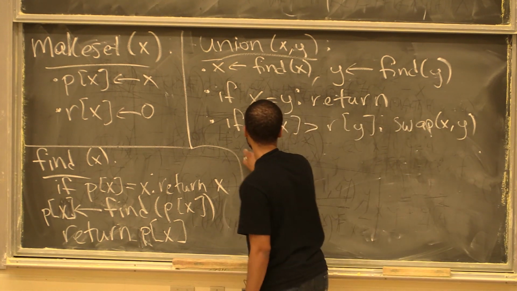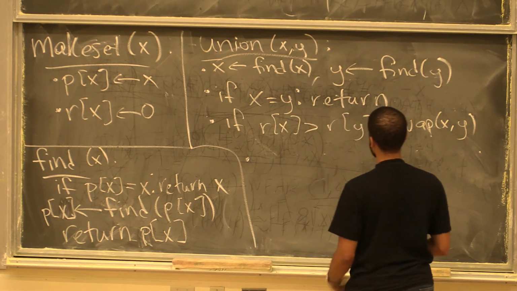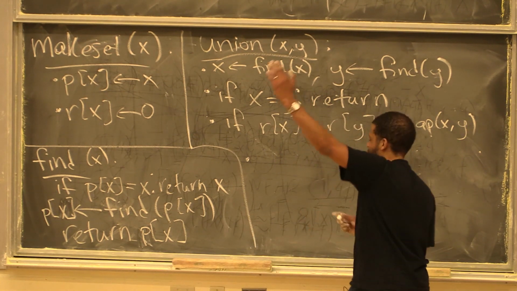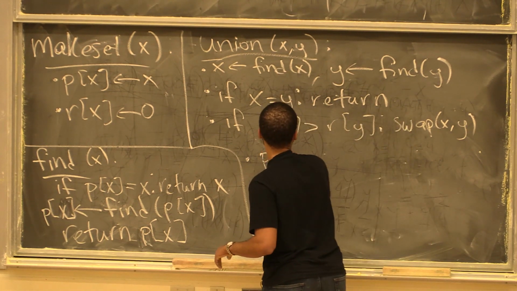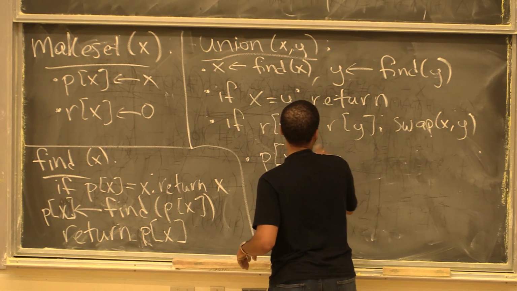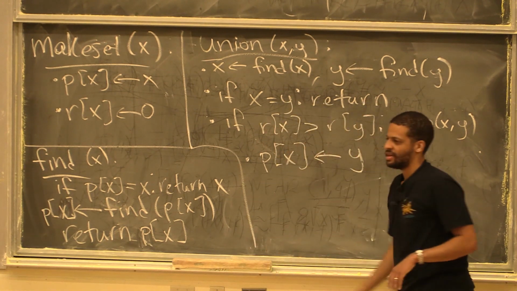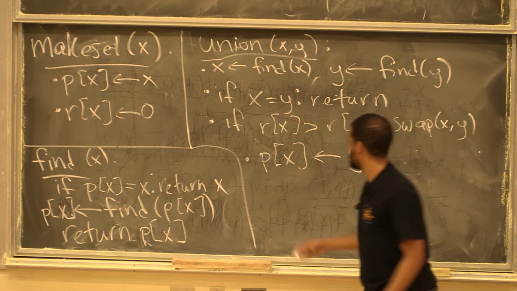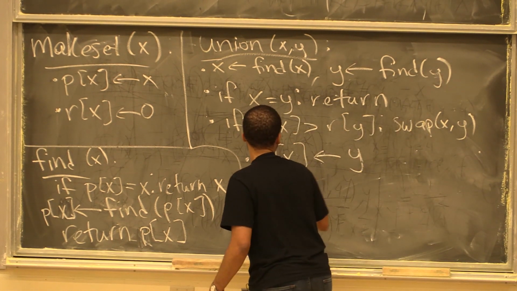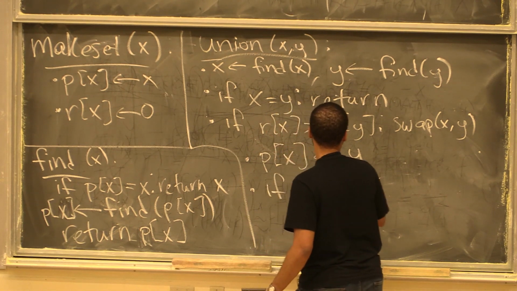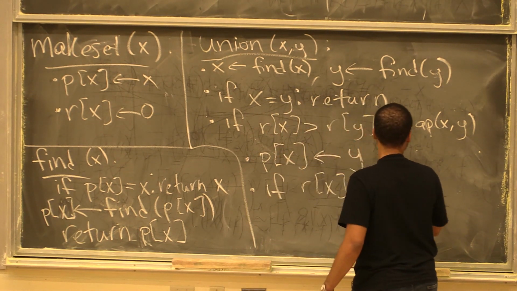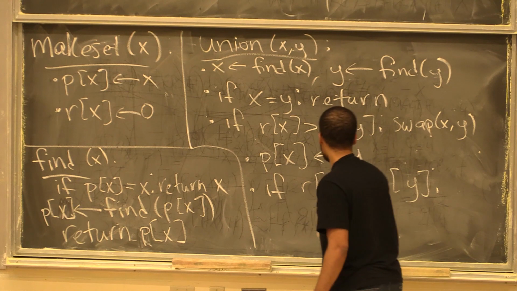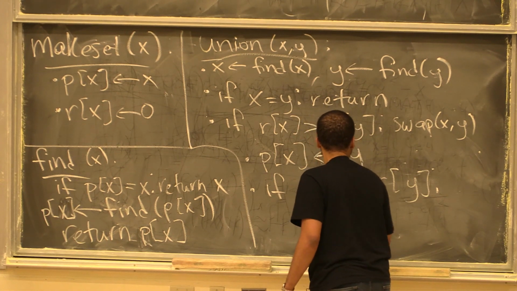So now the shorter tree has to point to the bigger tree, which means the parent of x needs to get set to y. And if the heights were equal, that means the height of y increased by 1. If the heights were equal, then the height of y has to get incremented by 1.